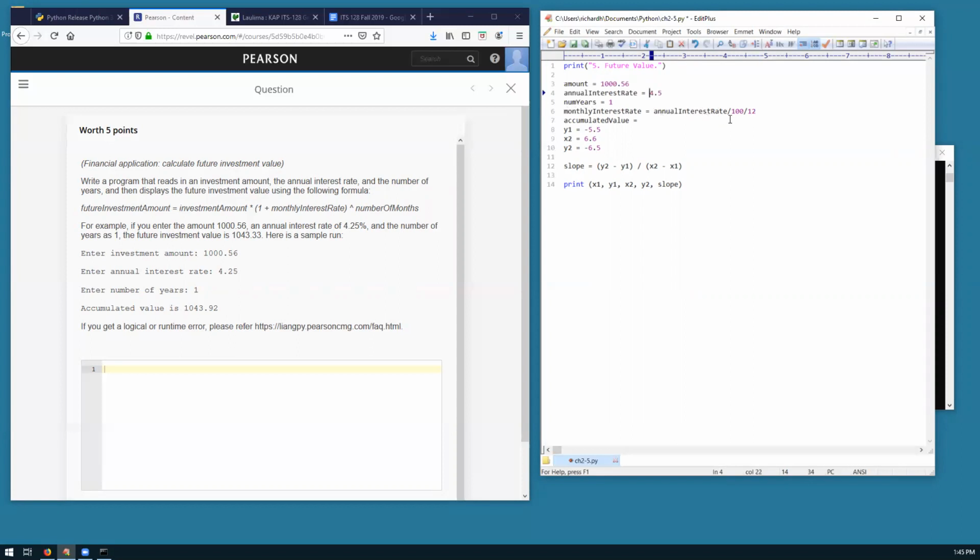So the first is going to make it 0.045, and then that's per year, and we want to divide that by 12 because we want per month. And then that's the monthly interest rate. We want a number of months. So number of months equals number of years times 12.